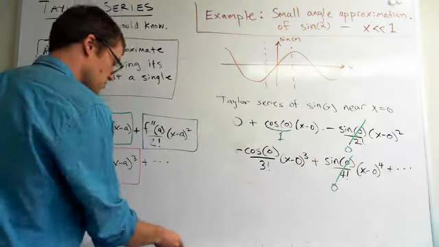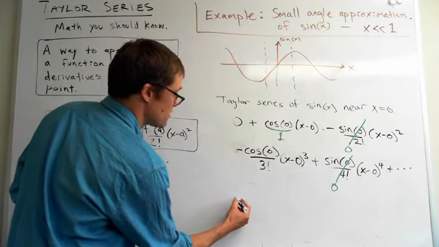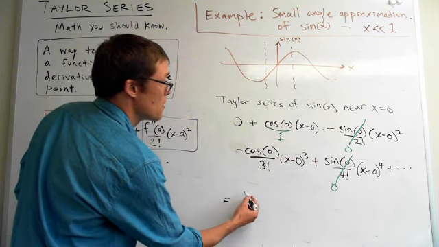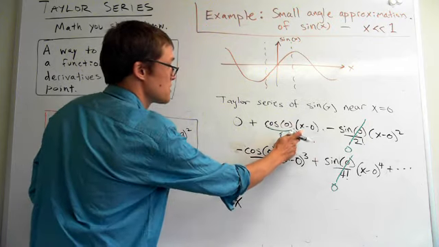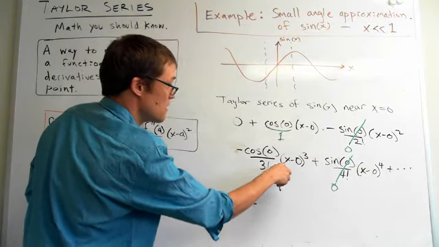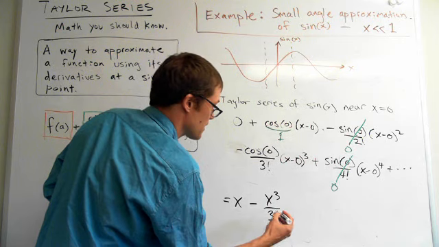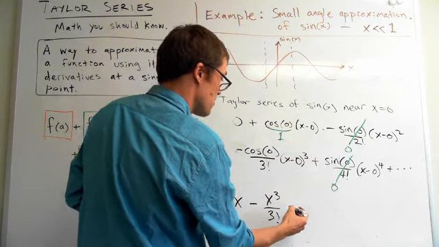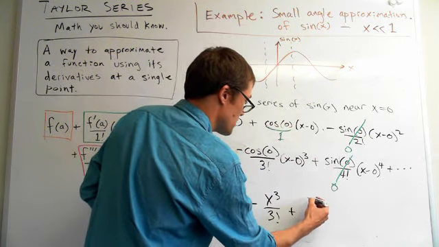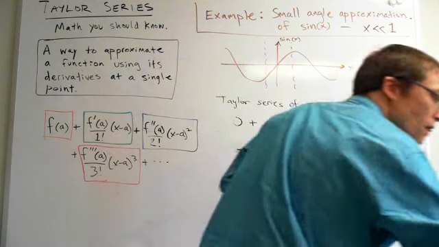So we're not left with too much here. We just have, this is equal to x, that's this first term, 1 times x, 0, minus x cubed over 3 factorial plus 0. That next term would be x to the 5th over 5 factorial.